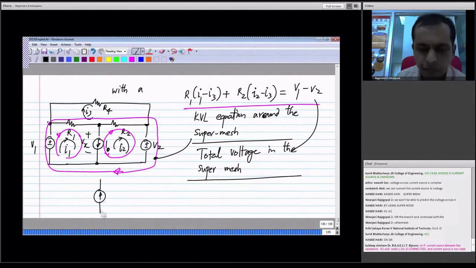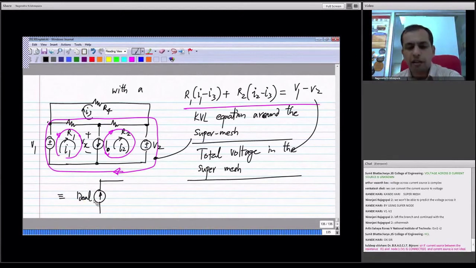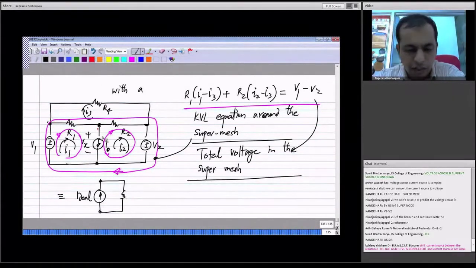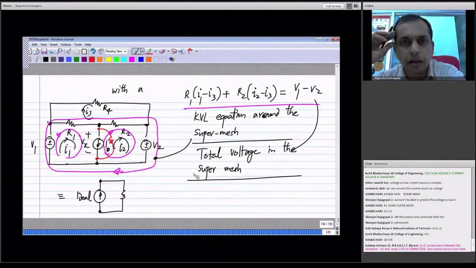So for instance, in this case, you would have an extra resistance. Now, if you have that, then in case of mesh analysis, you will have an extra mesh and you have to write that. When I write a current source like this with this symbol, it by definition means an ideal current source.